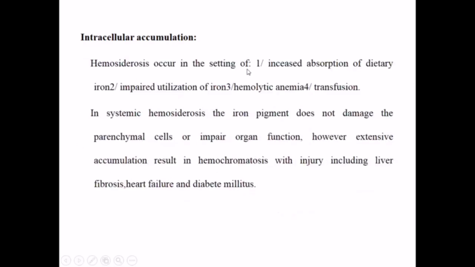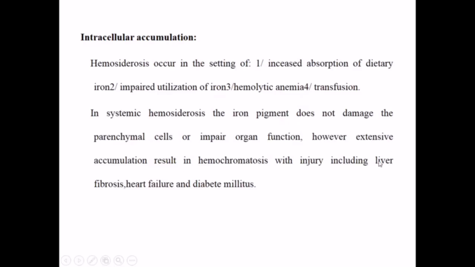Hemosiderosis occurs in the setting of increased absorption of dietary iron, impaired utilization of iron, hemolytic anemia, or transfusion. In systemic hemosiderosis, the iron pigment does not damage the parenchymal cells or impair organ function.